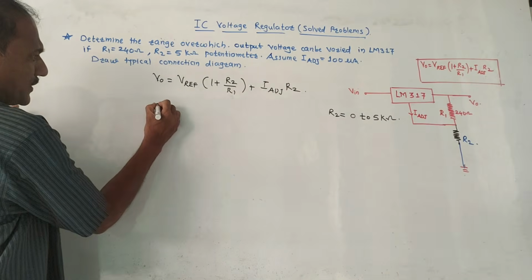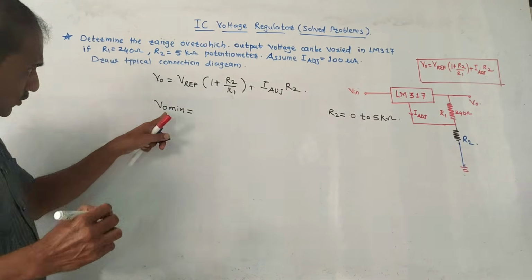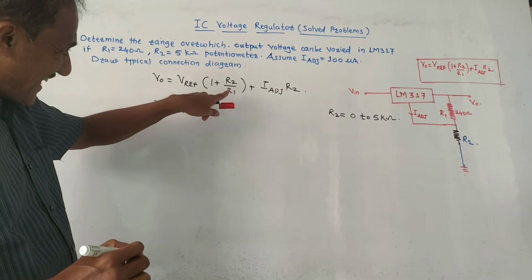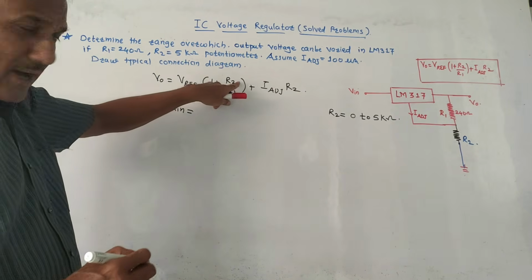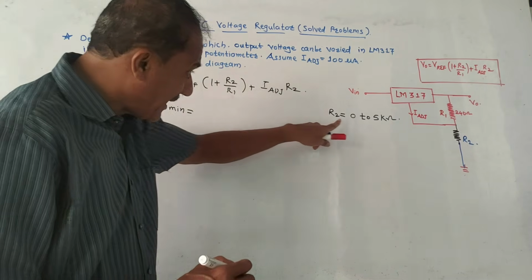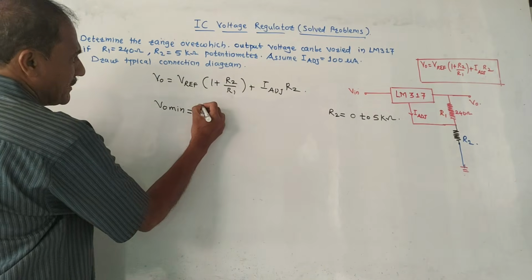Now let us first calculate the value of V0 minimum. To calculate V0 minimum, wherever you look, R1 is fixed, R1 is given as 240 ohm, R2 is variable. For V minimum we have to use the minimum value of R2, which is 0. So I will simply put the values.